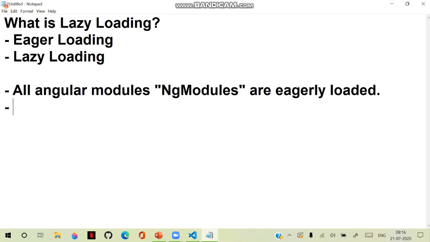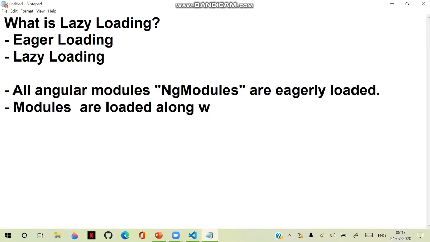That means modules are loaded along with the application.